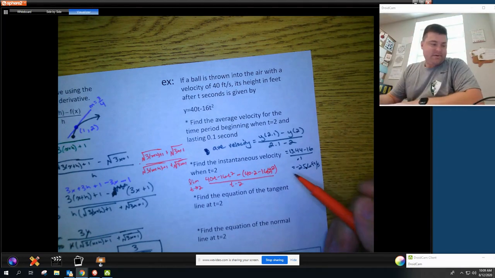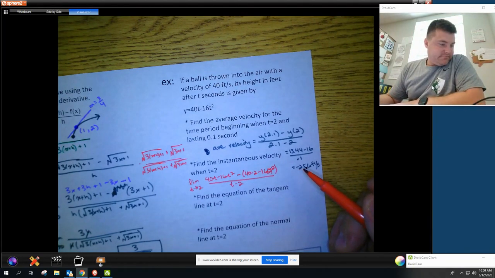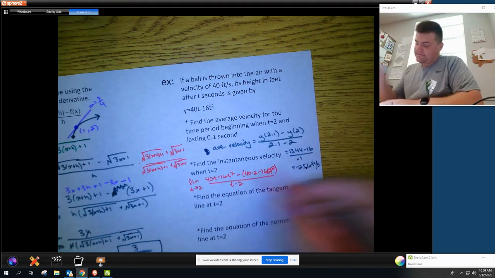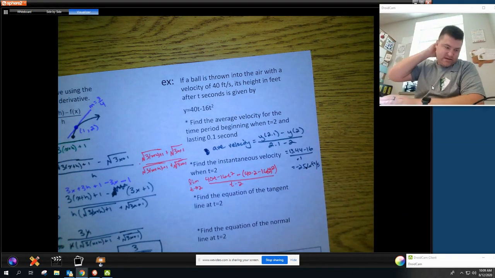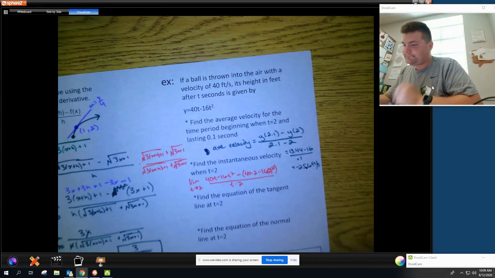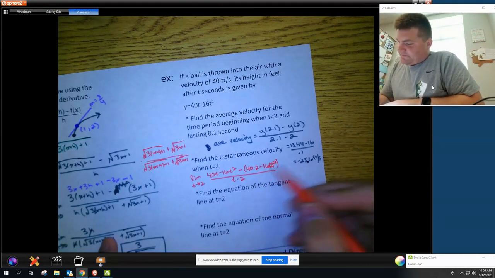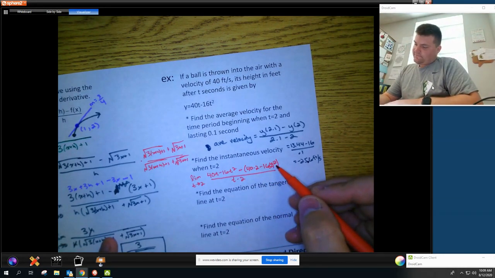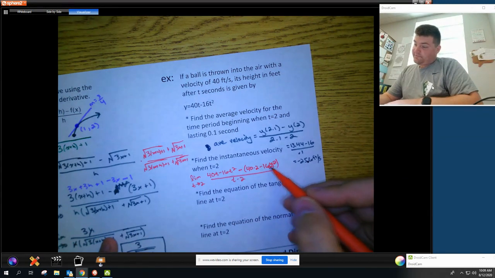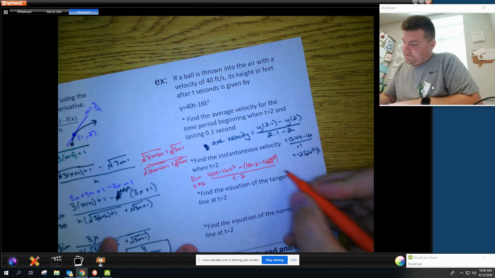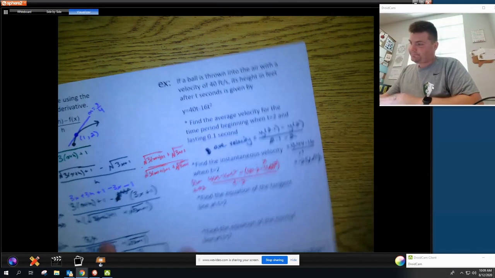What's going to end up happening here is lots of math. I was just trying to see if I could simplify this real quick in my brain, and I cannot. So that's going to be 80 minus, this is going to end up being 80 minus 64, which is going to turn into 16.